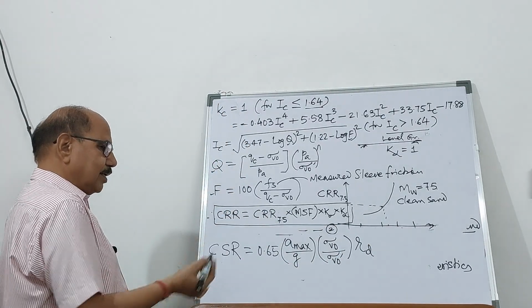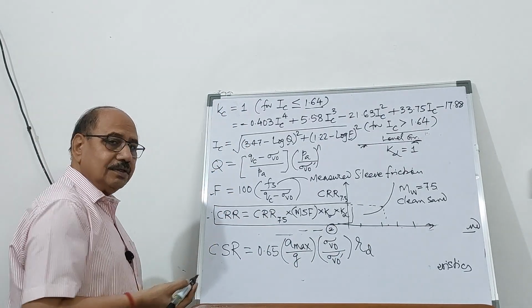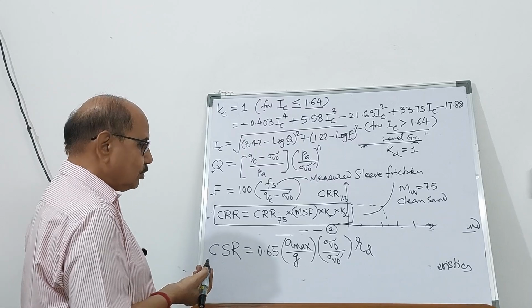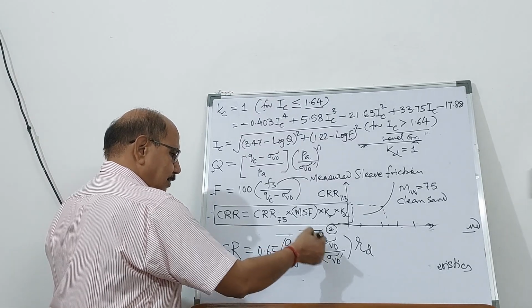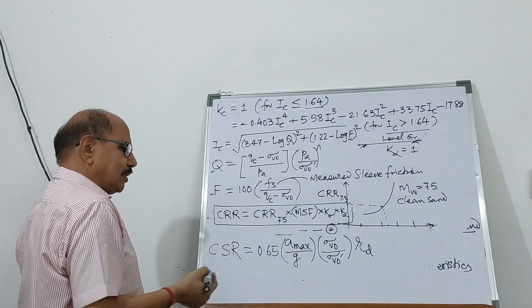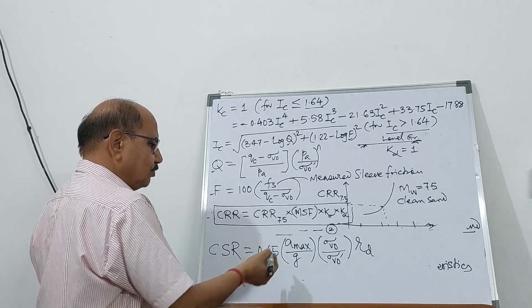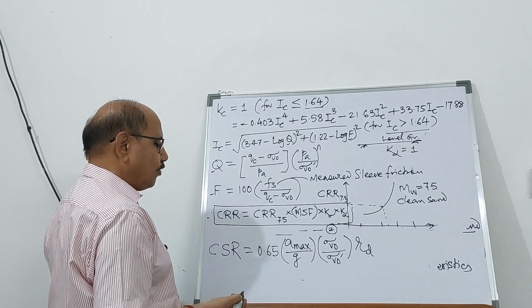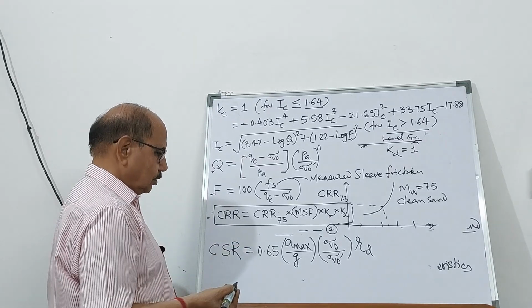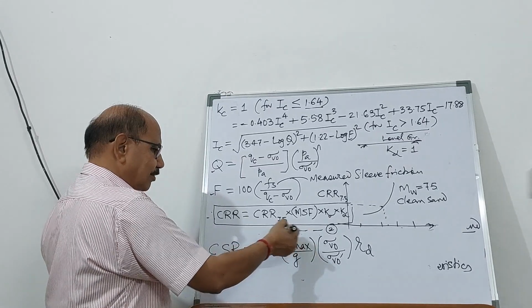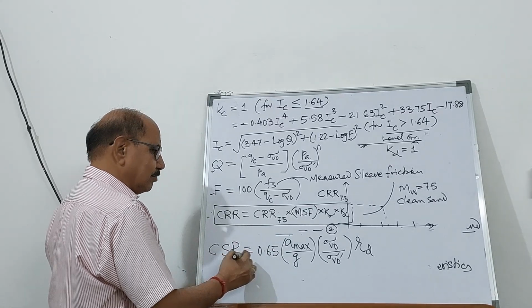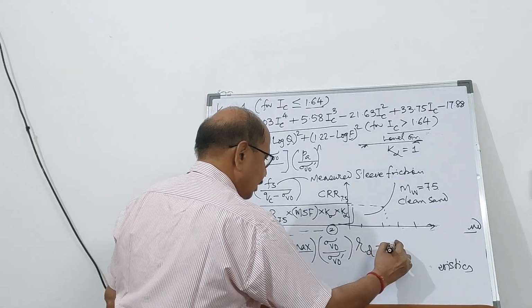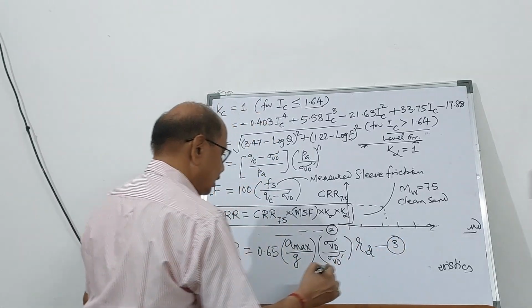The formula for the reduction factor is already given in the last videos, and how to calculate this amax by g. It's a function of the zone factor, in which zone. So this will be given to you, amax upon g, and therefore you can calculate this value of CSR.